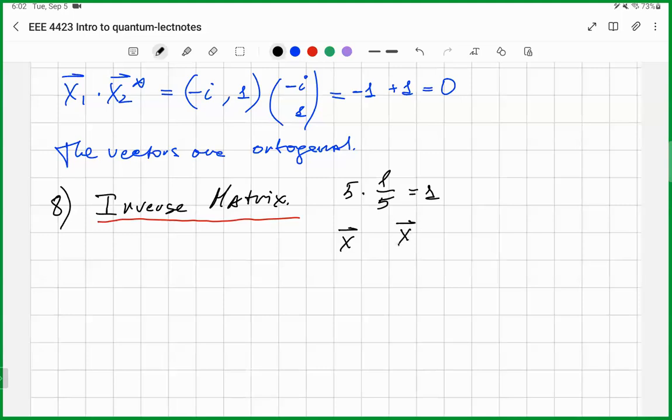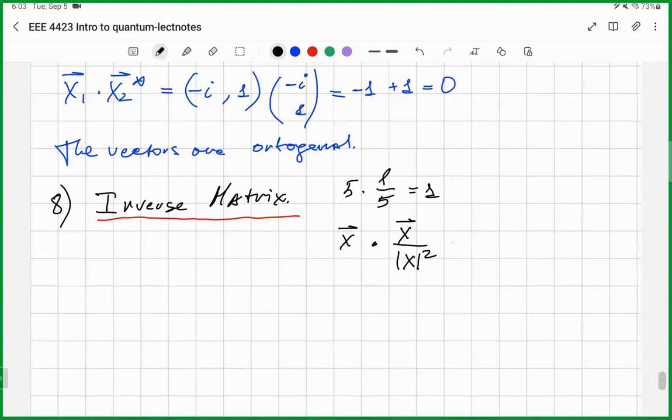Inverse vector is vector itself over the length squared of the vector, right? Why? Because if you take the product of the two, you have vector times vector over absolute squared of the vector. So in the numerator, you get the absolute square of the vector, absolute square of the vector in the denominator, so it's 1, right? So this way, you can find the inverse vector to the initial one.